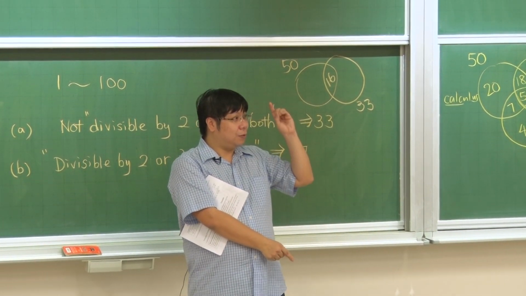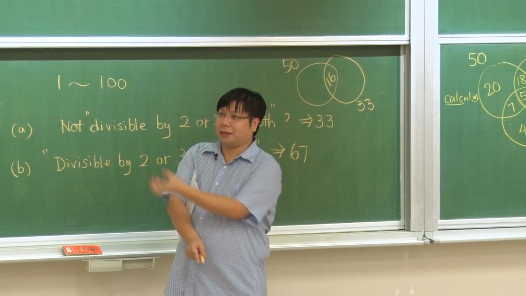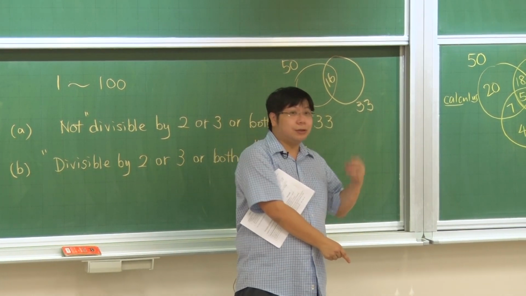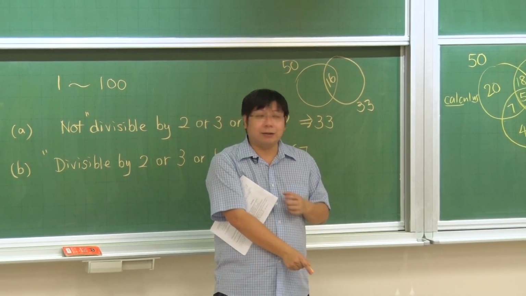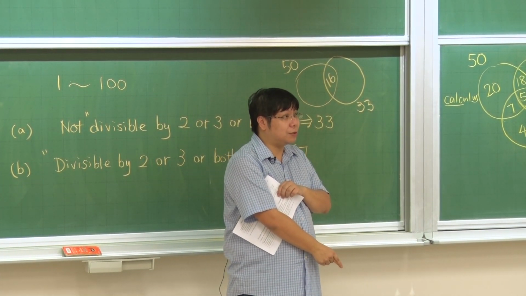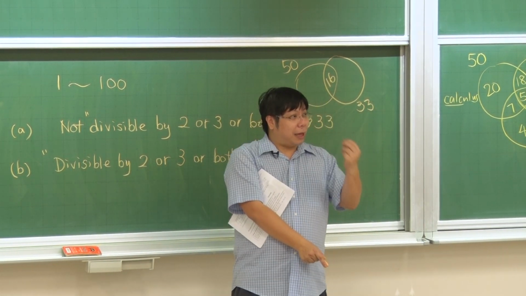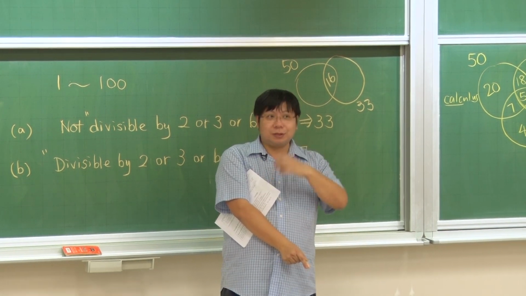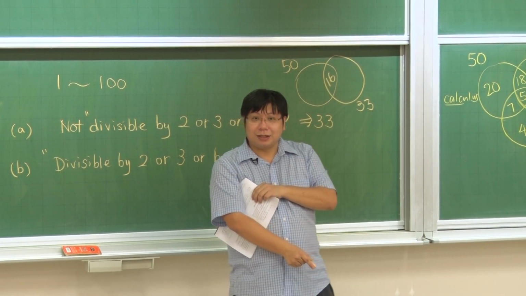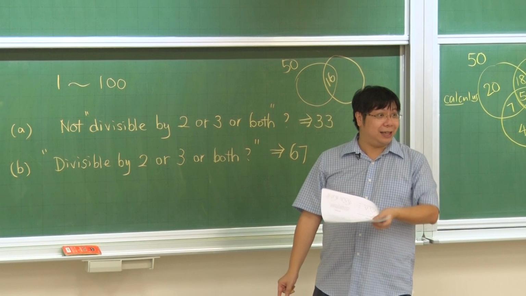So it is either the number 1, or the prime numbers less than 100. So you can use this method to find out the number of primes less than or equal to 100. And this is the famous method for finding prime numbers used by the ancient Greeks. It is called the Eratosthenes method, whatever.